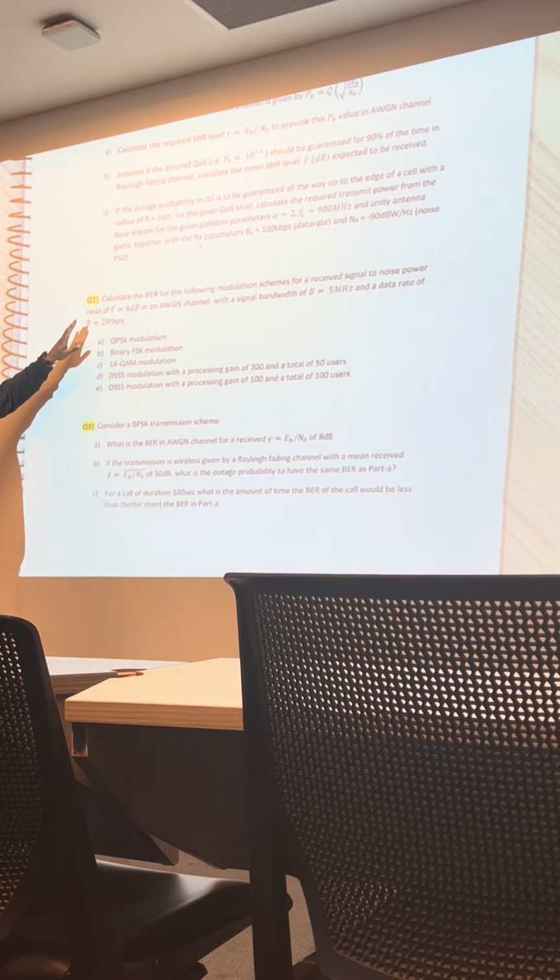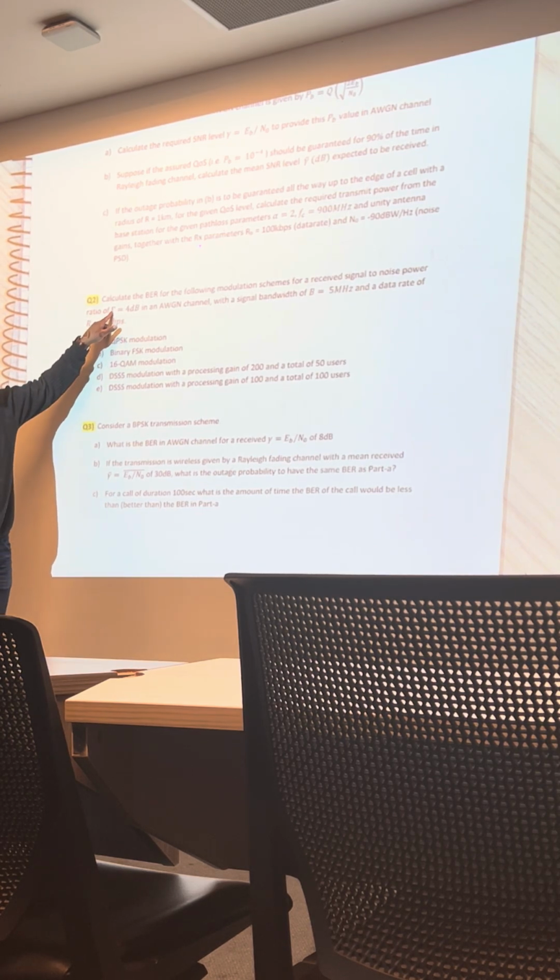4 dB. So a bandwidth of 5 megahertz and a data rate of 2 megabits per second. We need to calculate the bit error probability for different modulation techniques for these particular channel parameters or link budget parameters. The main KPI for calculating bit error probability is Eb/N0, right?